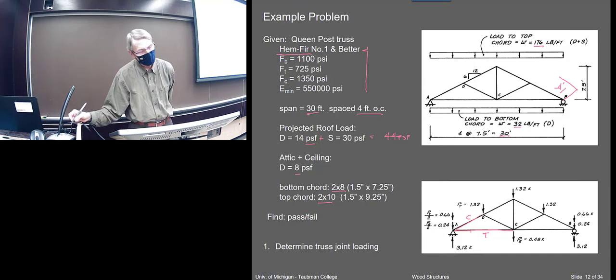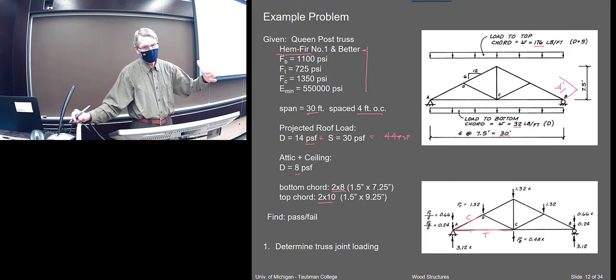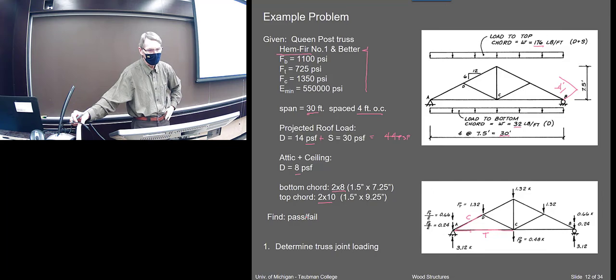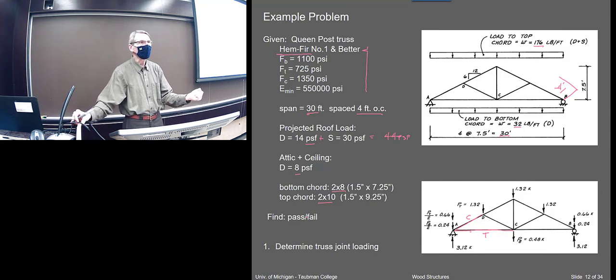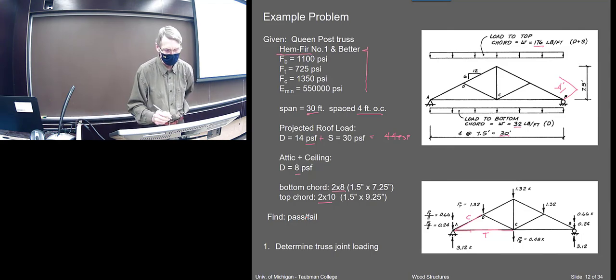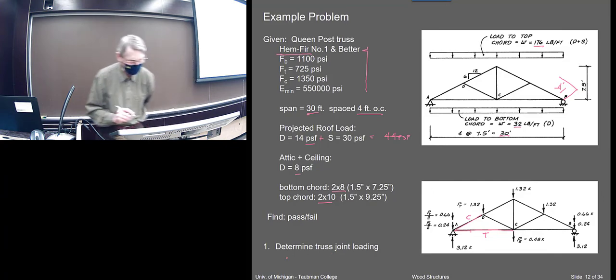I'm also going to assume, particularly on the top chord, that I've got the sheathing nailed pretty close together, so that I don't need to worry about CL because of the sheathing bracing it. Although for compression normally you would calculate CL, I'm not going to, because I'm going to assume it's braced.